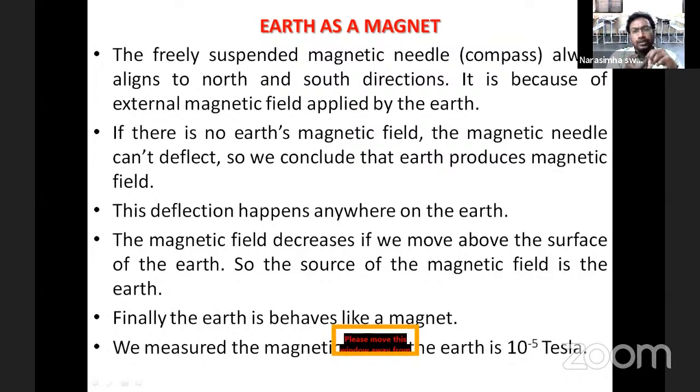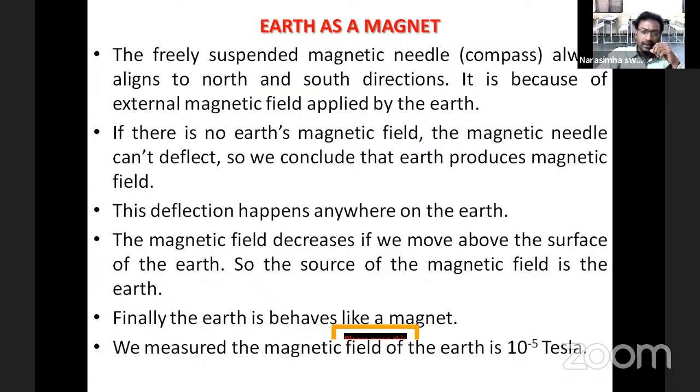So finally, by doing all these discussions, with the help of the tool, that is the compass, holding the compass, if you go around, it always shows the north direction of the Earth. And if you move above the surface of the Earth, the intensity of the magnetic field decreases. With the help of these 2 points, we can conclude that Earth itself is producing a magnetic field. Finally, the Earth behaves like a magnet.